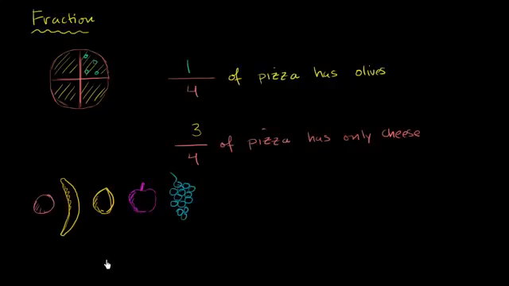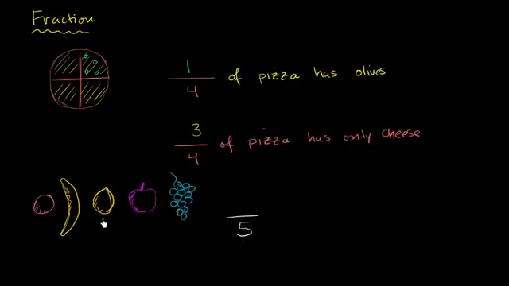And if I were to ask you, at least the way that it is drawn, what fraction of my fruit is yellow? Well, we could say we have a total of 1, 2, 3, 4, 5 pieces of fruit. So there's a total of 5 pieces of fruit.